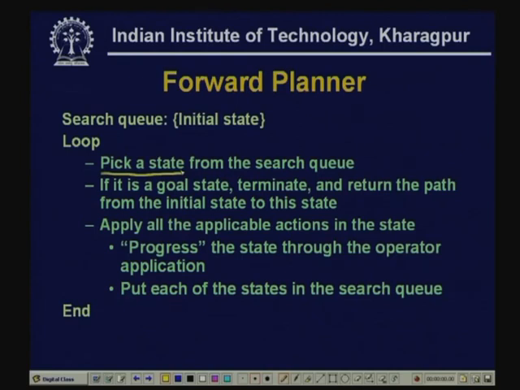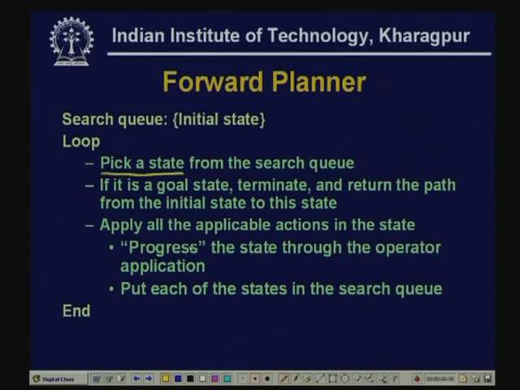If it is a goal state, then terminate and return the path from the initial state to this state. Otherwise, if it is not a goal state, we apply all the applicable actions in the state to generate all successors of the state. This is called progressing the state through operator application, and each of the successor states so generated are put in the search queue.